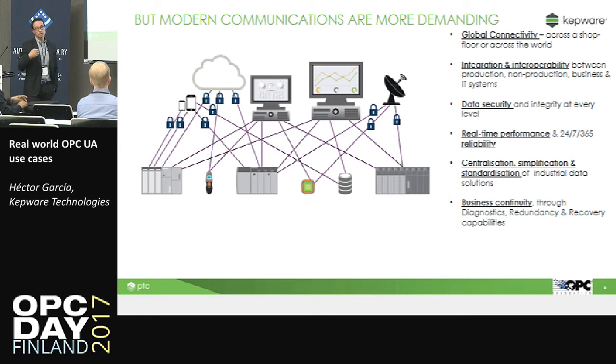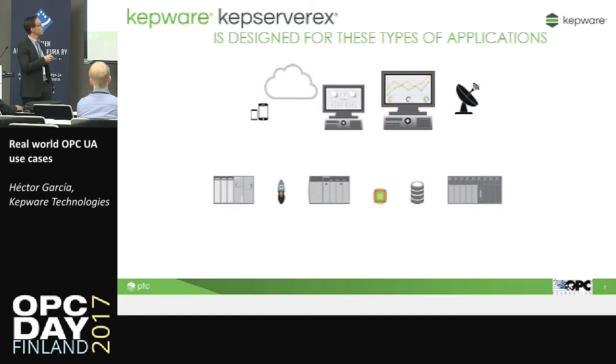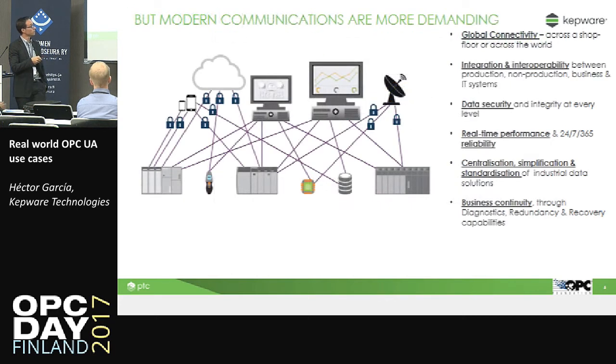requirements. These applications are very hungry for data, and they are asking for a lot of data from our data sources, keeping in mind that these devices must be focused on their process tasks. They are not experts in communications.